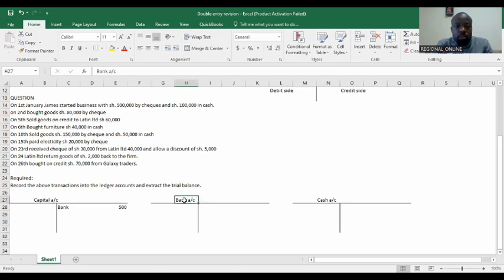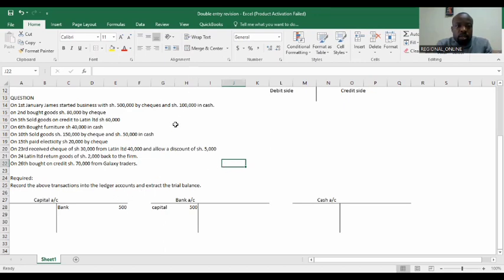Again, bank is always your asset, and when an asset is increasing, you debit. So capital of 500. That is the double entry: one transaction recorded twice, debit and credit.